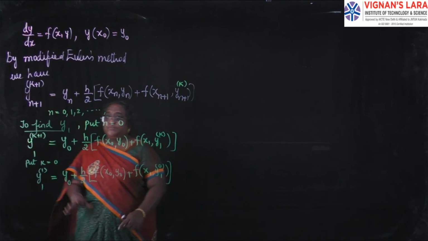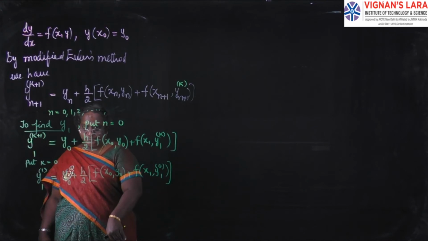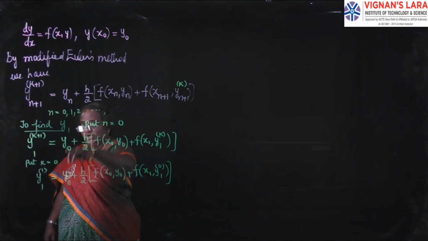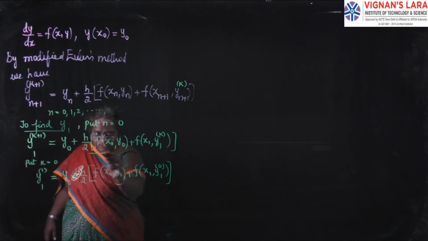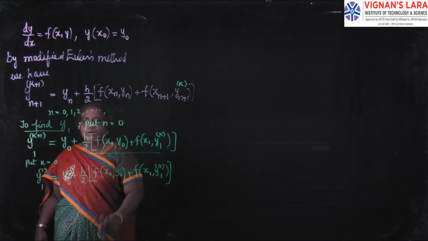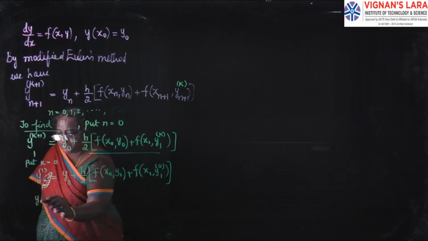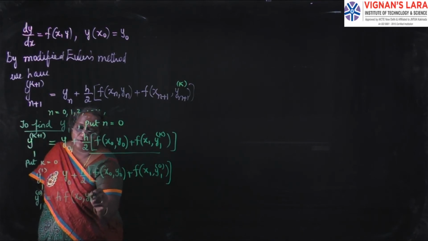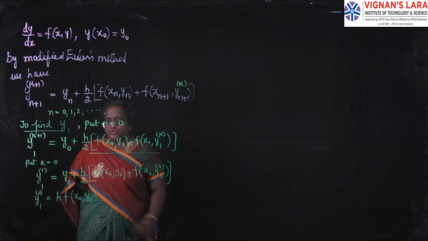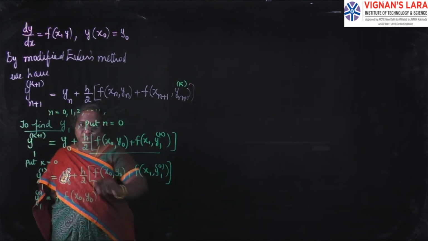So here, in modified Euler's method, we perform the iterations within the formula. This is the formula. In order to get y1, we put n is equal to 0, and now we perform iterations in this formula. Now what is the 0th approximation of y1? It is nothing but h into f of x0 y0, because we are finding y1, it is x0 y0. When we find y2, it will be x1 y1.